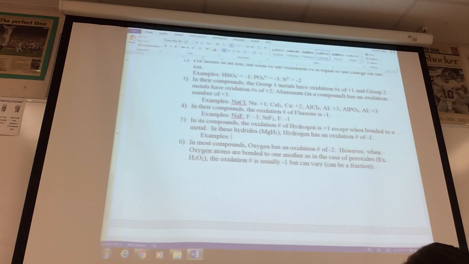In its compounds, for example, if you had H2O, what's the hydrogen? Another compound that has H in it?